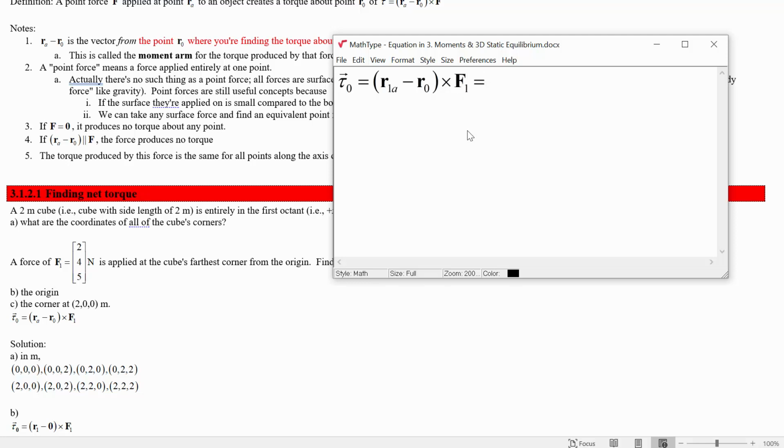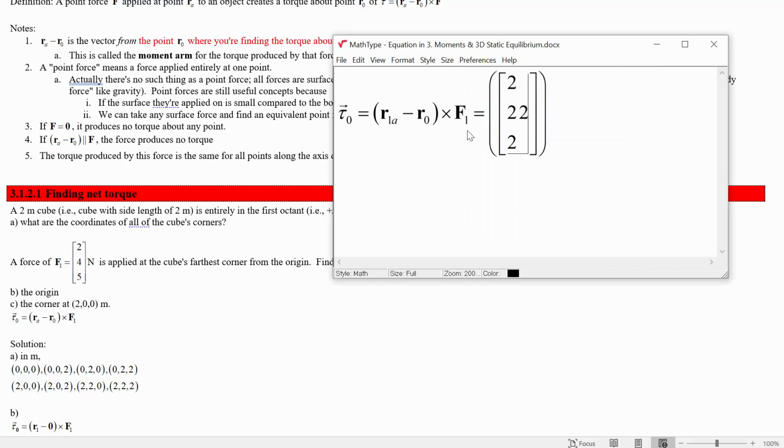Let's work it out. So R_1A is its location, 2, 2, 2, and we're going to subtract off the origin, which is the 0 vector in position vector, so 0, 0, 0, and then cross that with F1, which is 2, 4, 5. The units are going to be the same.